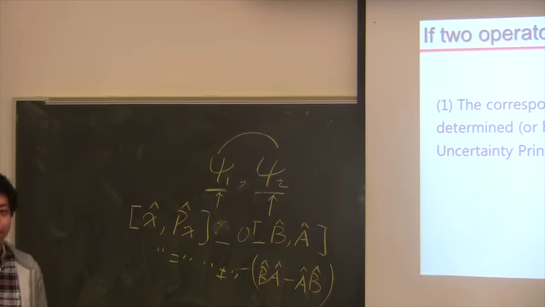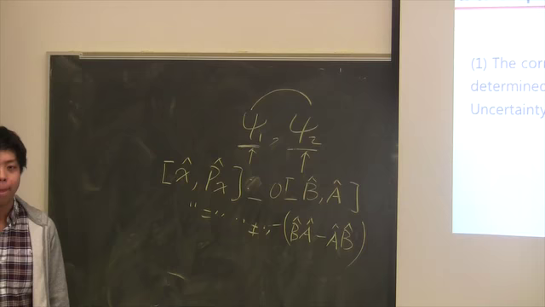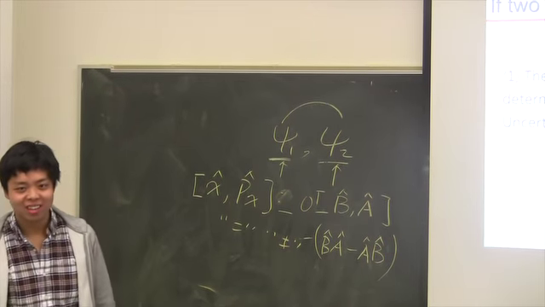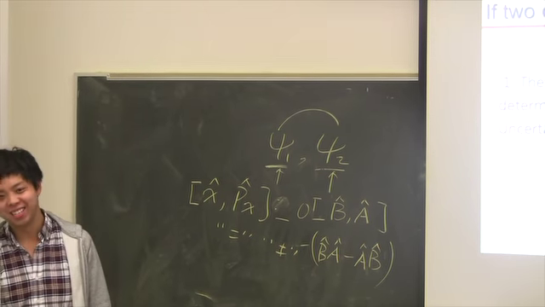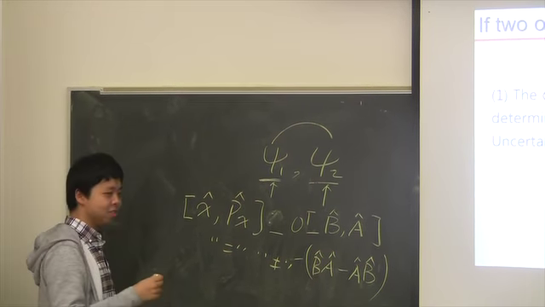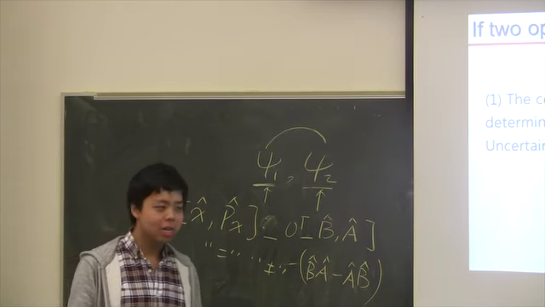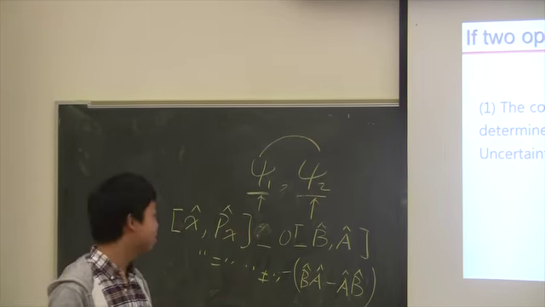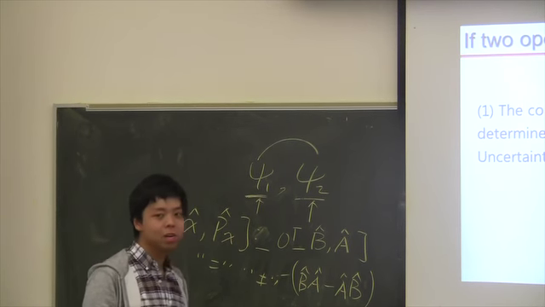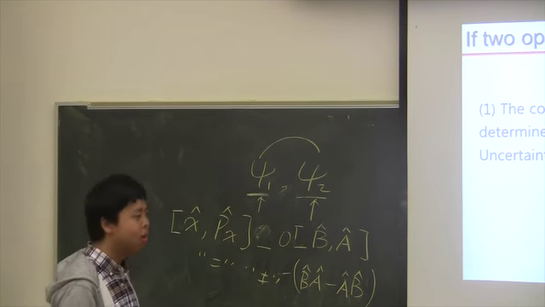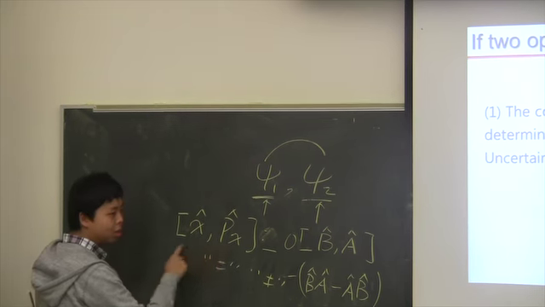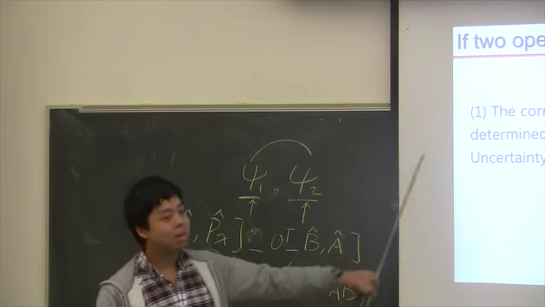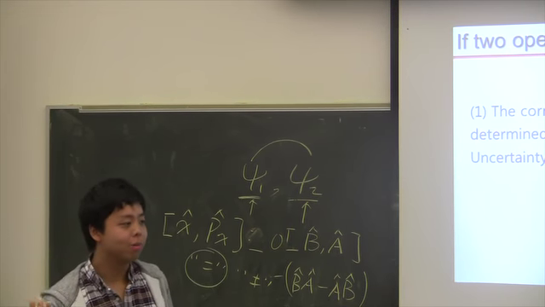Why? Because they don't commute. Why don't they commute? Do you still remember what the Heisenberg uncertainty principle talks about? Can we simultaneously determine the location and linear momentum? No. So if they commuted, they would violate the uncertainty principle.